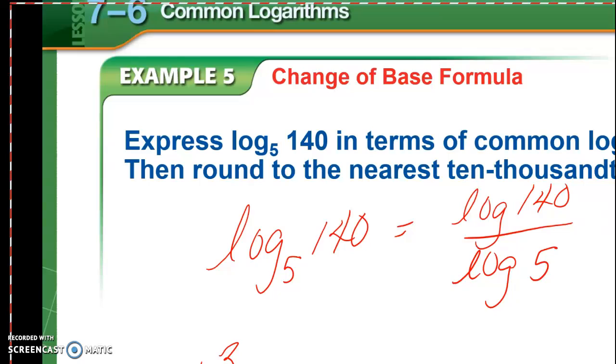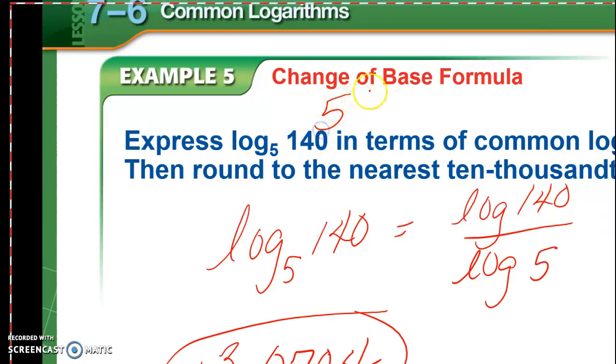You should get 3.0704. So if your calculator doesn't let you put in the base, that's how you can write it. Again, I can't solve this exponentially, because written exponentially it'd be 5 to the x equals 140, and I can't write 140 as 5 to a power.